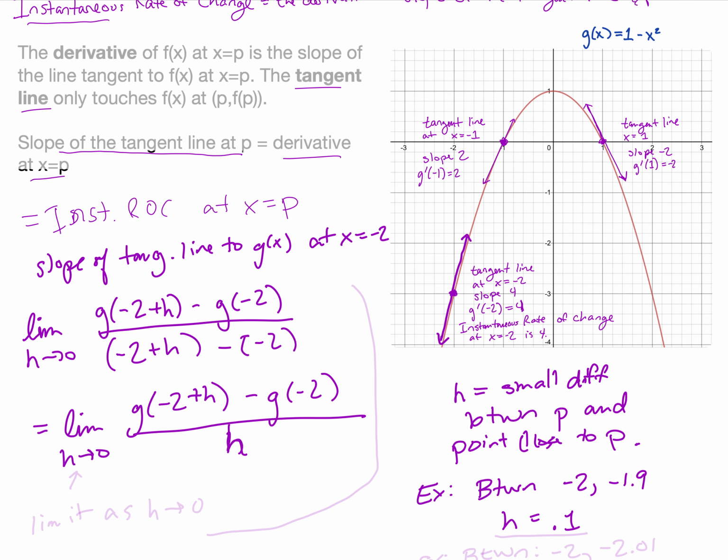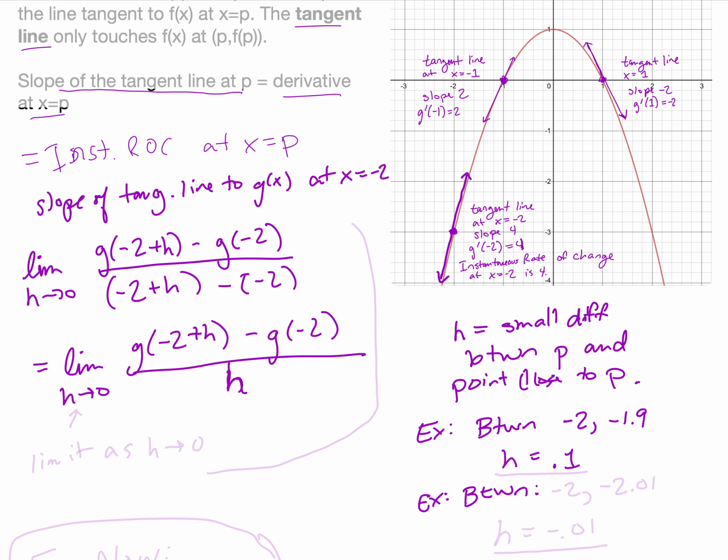So -2 plus 0.1 would give us -1.9. As another example, when we used -2.01 to estimate, when we found the secant line between -2 and -2.01, then h would have been -0.01. The difference between -2, the point we're interested in, and the point we're using to find the secant line.